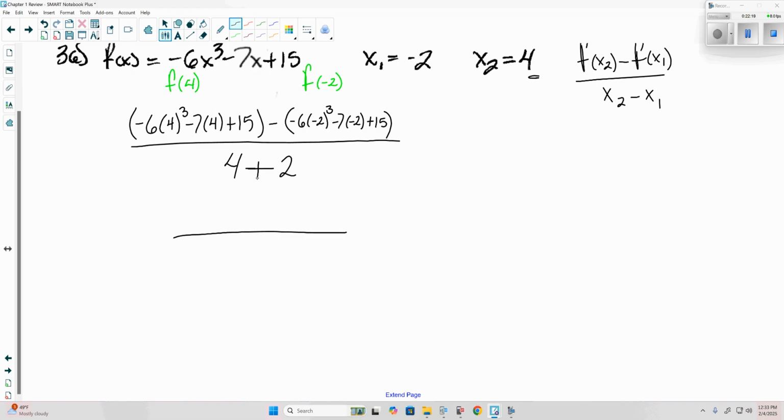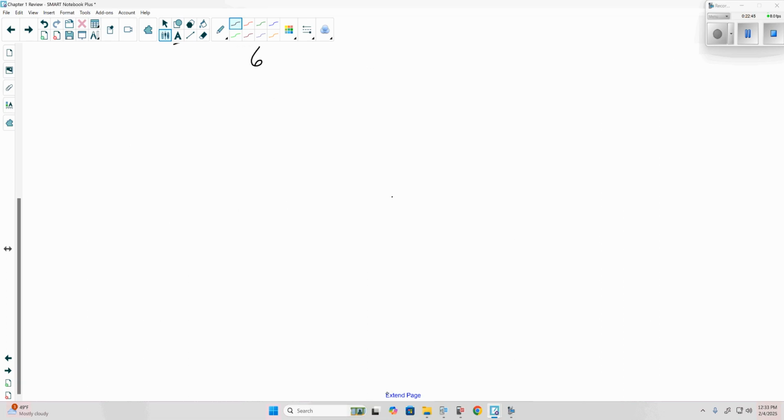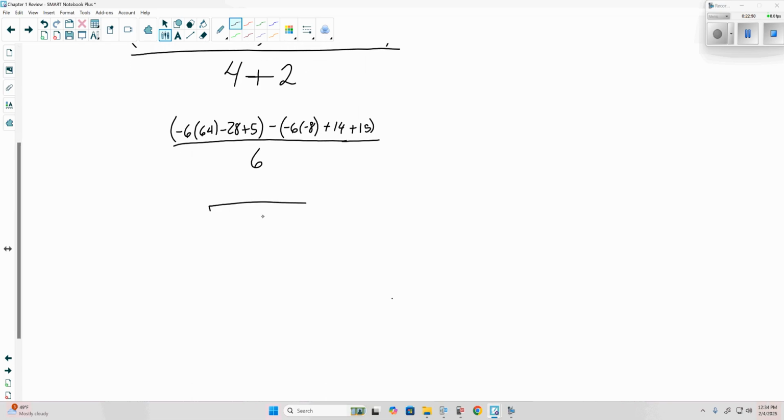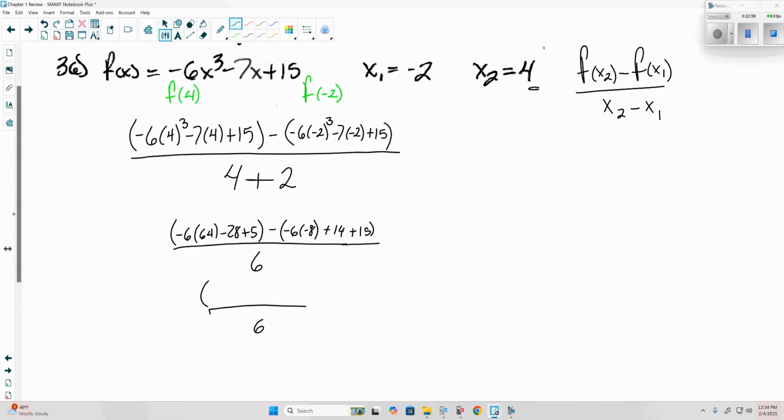On the bottom, the negative is going to make a plus, so we do have 6. 4 cubed, 64. 64 times 6, plus 15.